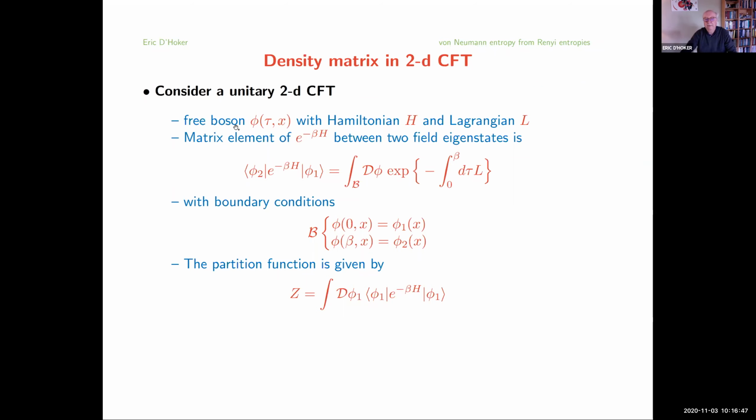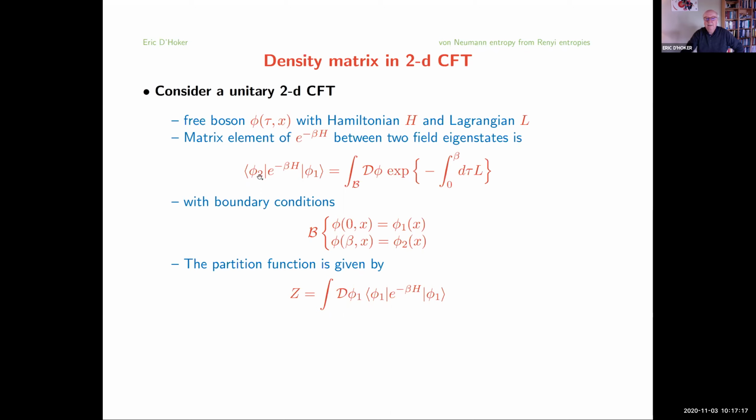In fact, we can even take a free boson or a collection of free bosons. Tau is Euclidean time, X is space, and we'll assume some Hamiltonian and some Lagrangian as usual. And so then you know that the matrix element of the Boltzmann operator between two field configurations, field eigenstates, is given by the path integral, functional integral.